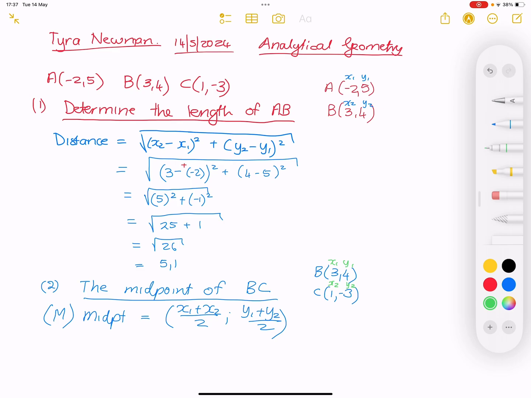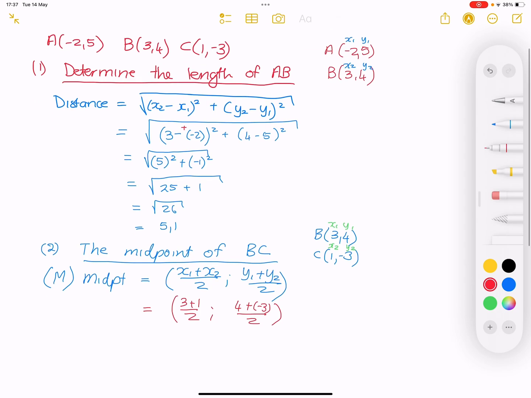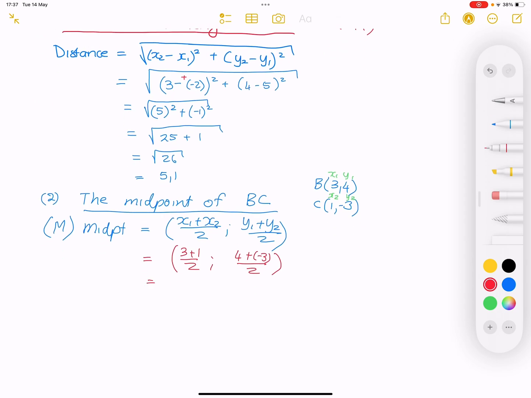Okay, so now you substitute in the formula, so you have 3 plus 1, and you have 4 plus minus 3, divided by 2. So that's 4 divided by 2, and 4 minus 3 is 1 divided by 2. So that gives you the point (2, 1/2). Clear? Yes.